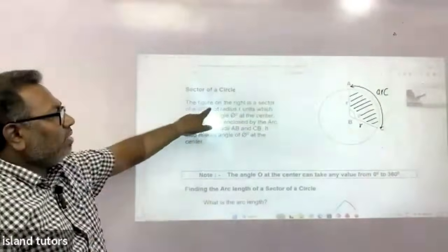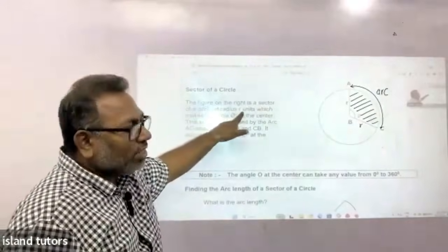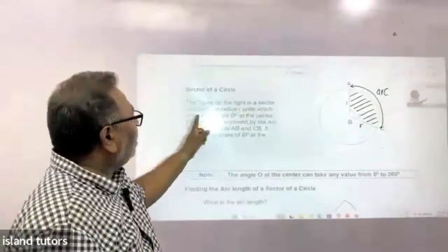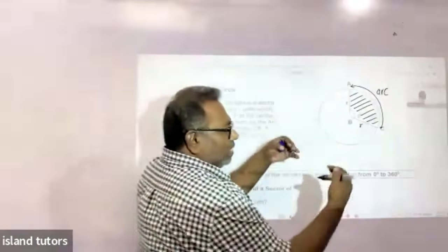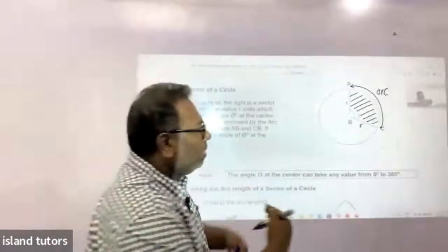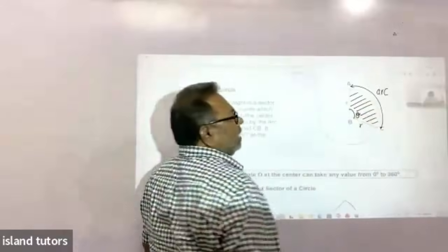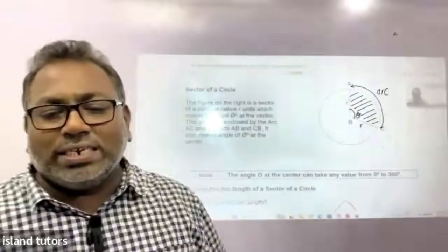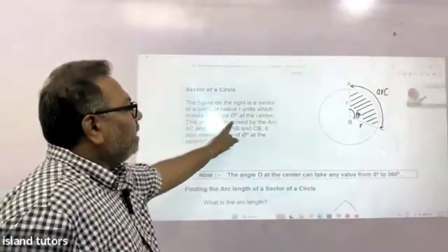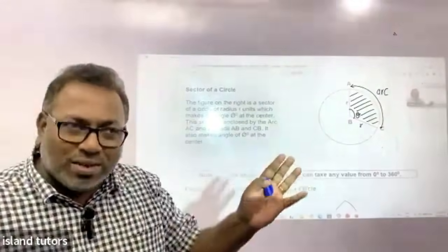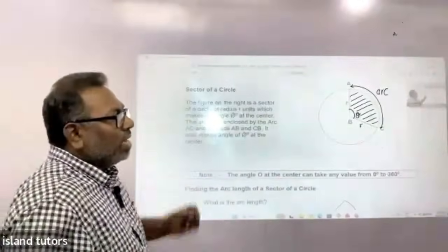The figure on the right is a sector of a circle of radius r units, which makes an angle theta at the center. As soon as the two radii meet at the center, you get an angle that we call theta, the angle at the center. This sector is enclosed, bounded by the arc AC.